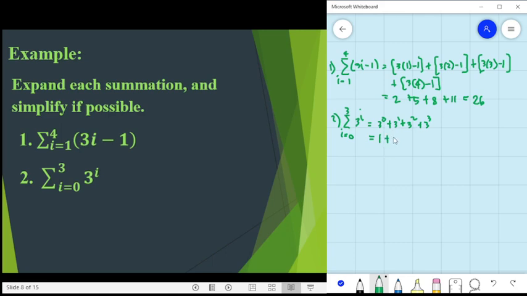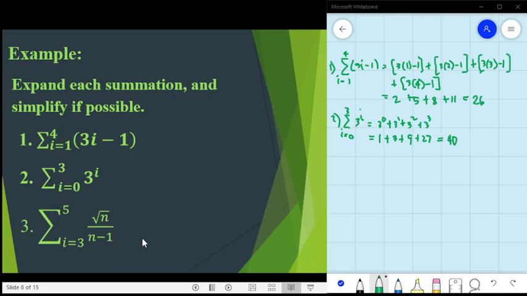So we have 3 to the 1 is 3, plus 9 for 3 squared, and 3 cubed is 27. So we have 1 plus 3 is 4, plus 9 is 13, plus 27 is equal to 40. Okay?